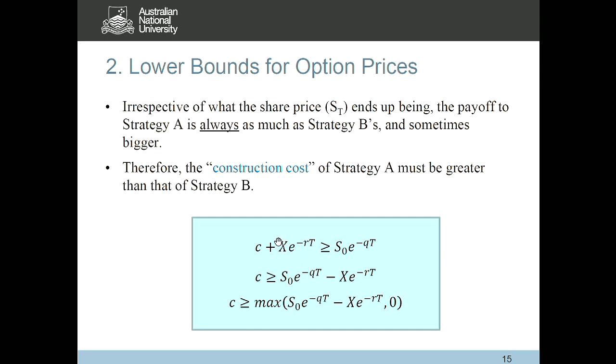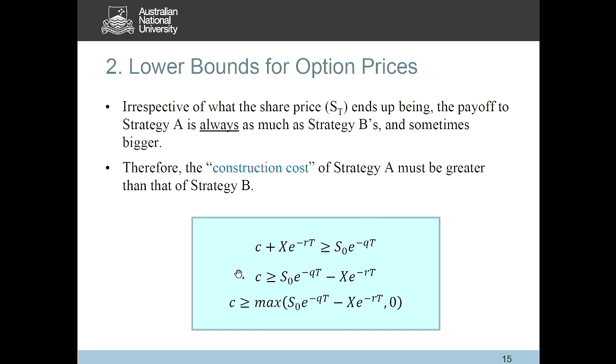So that's C plus X times e to the power of minus rT. And in portfolio B we bought an amount that's less than 1 share, so that's S0 times e to the power of minus qT.